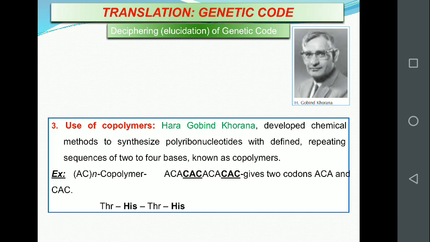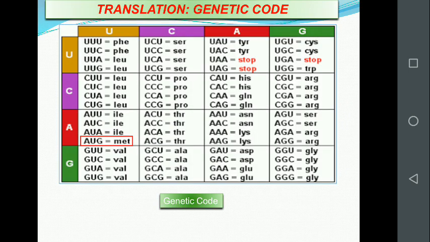So at the end of the experiment we have the genetic code table. The genetic code table is elucidated by these 3 experiments. The first experiment is the use of homopolymers, and the second one is the triplet binding assay, also known as the filter binding assay, where around 50 codons have been coded. In the first experiment only 3 codons were coded. But the third experiment was conducted by Har Gobind Khorana, who used copolymers which are chemically synthesized.